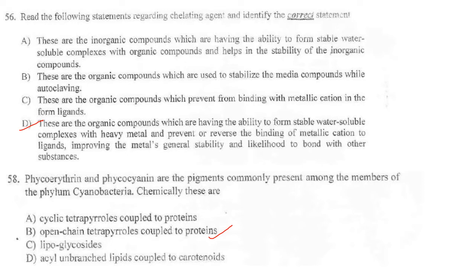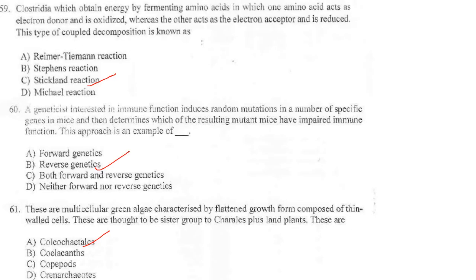Answer is option D. Then phycoerythrin and phycocyanin are the pigments commonly present among the members of the phylum Cyanobacteria. Chemically, these are open chain tetrapyrroles coupled to proteins. Answer is option B.